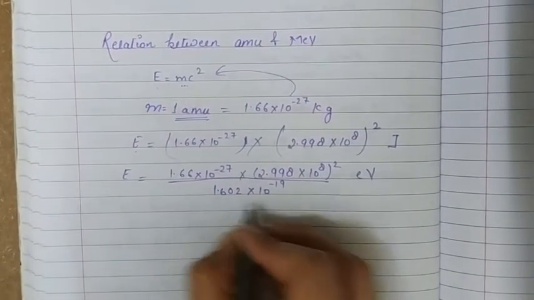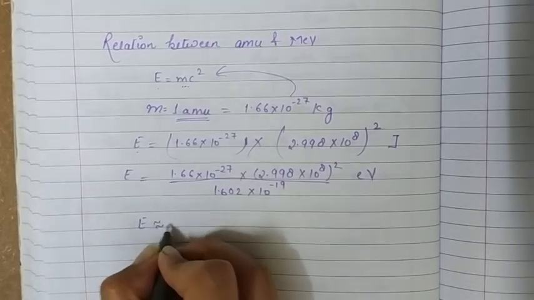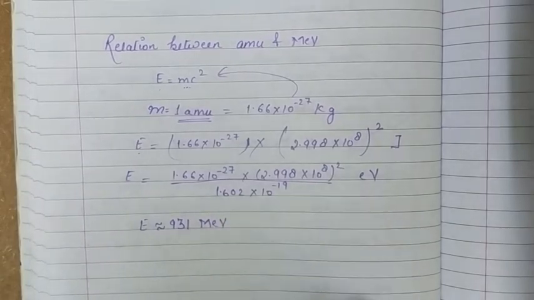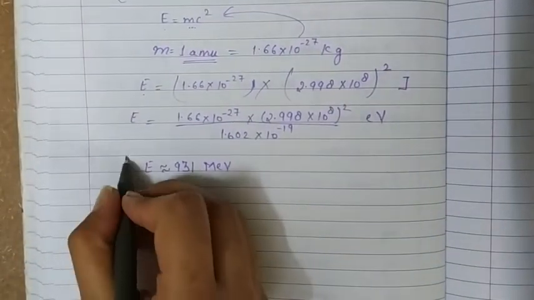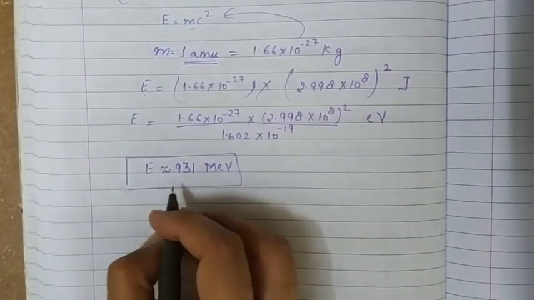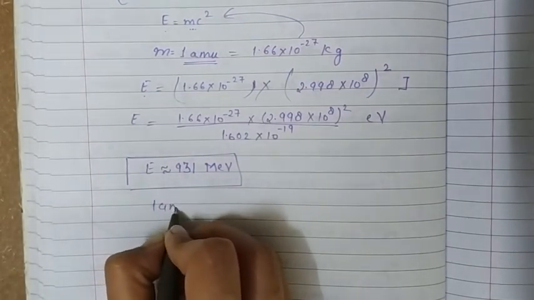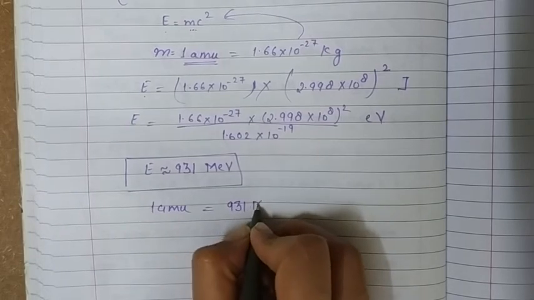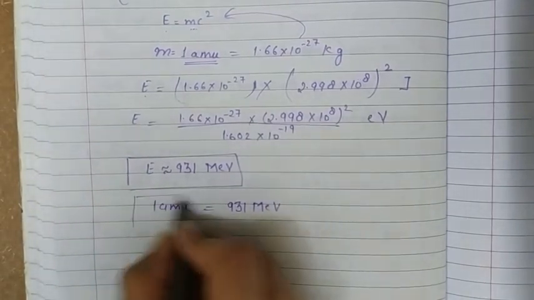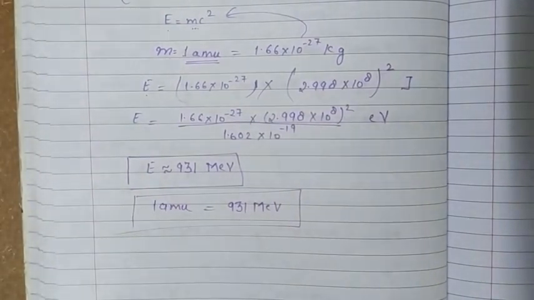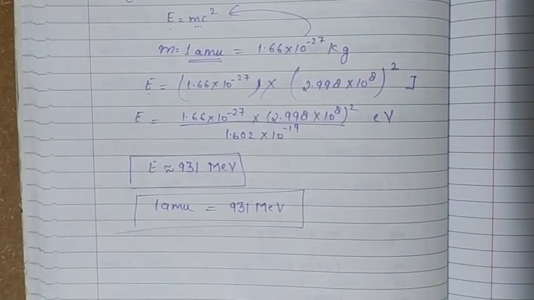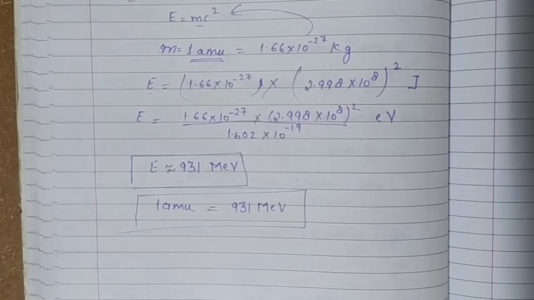If we solve it, we get energy approximately equal to 931 MeV. So 1 AMU is equal to the energy 931 MeV. This is the relation between atomic mass unit and the energy in million electron volts.